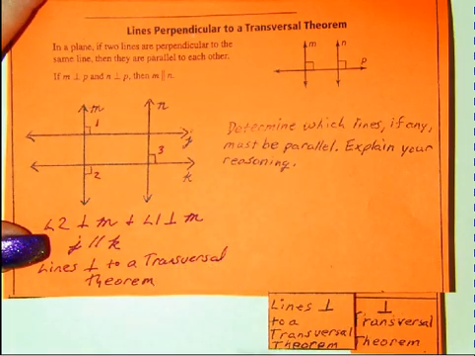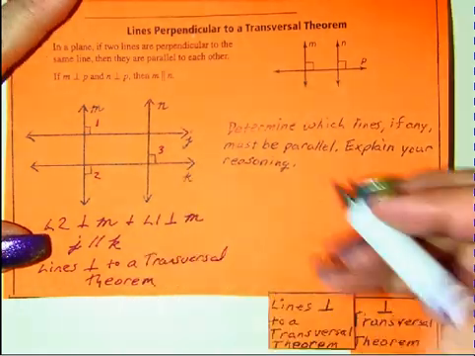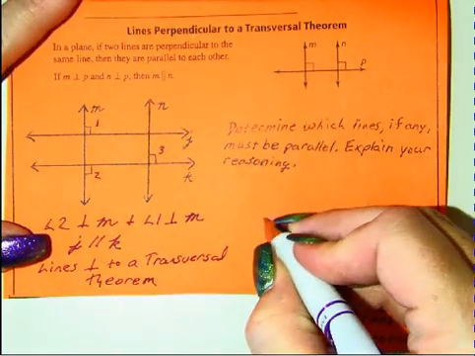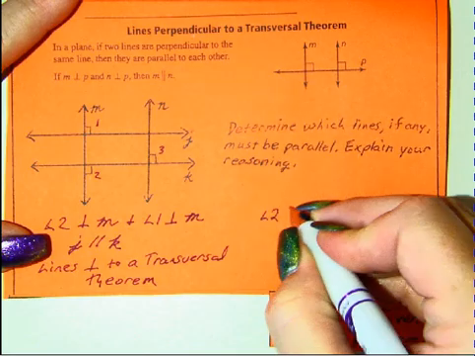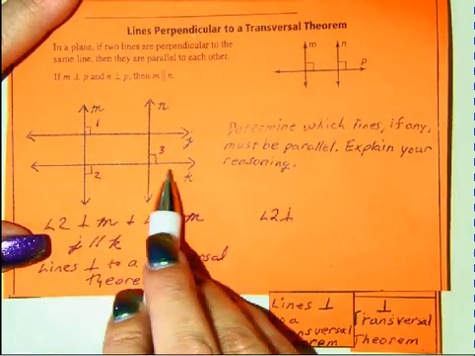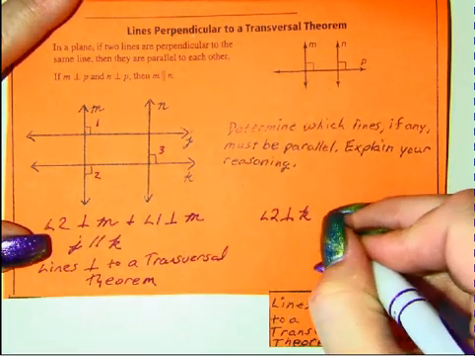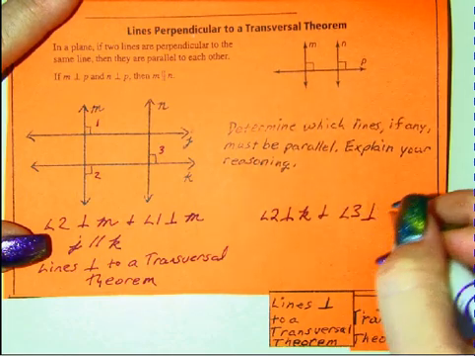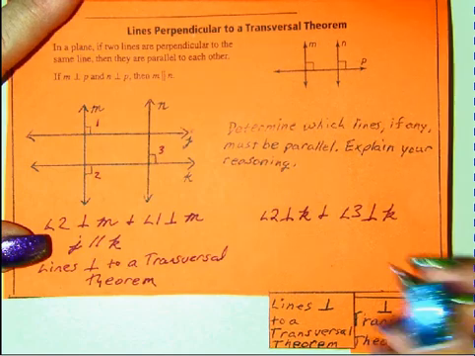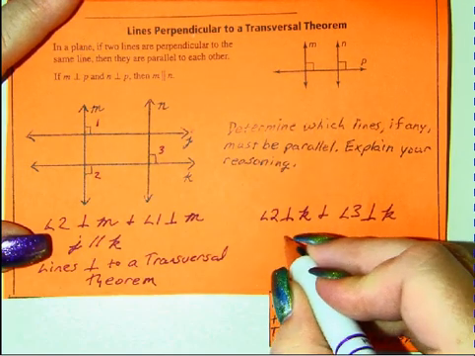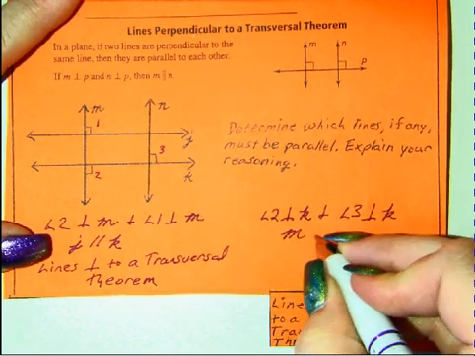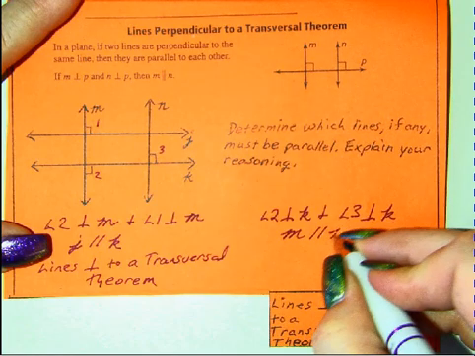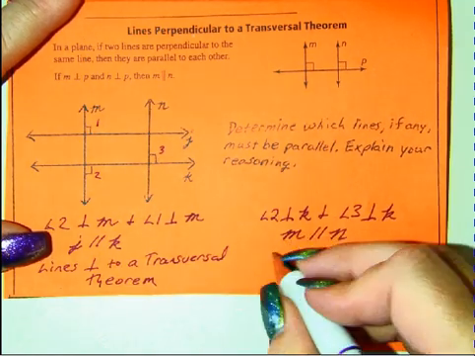Okay, let's look from here to here now. So we have angle 2 is perpendicular to line K, and angle 3 is perpendicular to line K. So then M has to be parallel to N. Same reason.